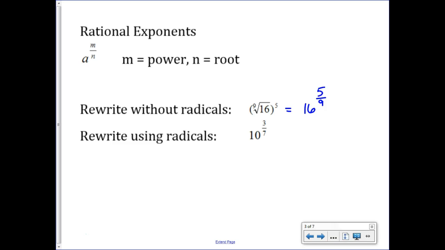So 16 to the 5/9 power. So in general, it would be the nth root of a to the m. So here, if we want to change this over, this would be the 7th root of 10 to the 3rd.